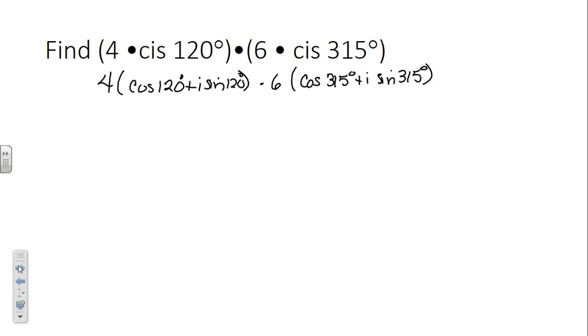So what did we just say that we could do if we're multiplying two complex numbers? Multiply the r's, 4 times 6, 24. And then what do we do with our thetas? Add them, so 315 plus 120 is 435. What was the disclaimer that we had?